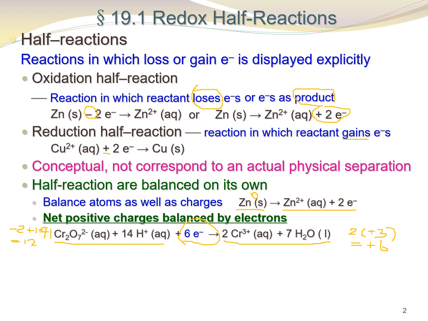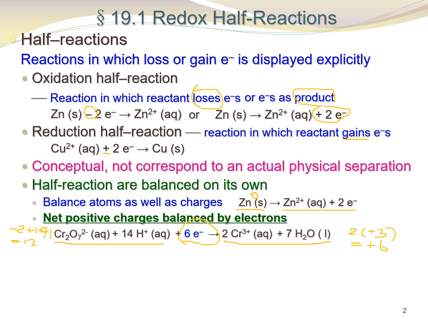This is how we add electrons in a half reaction to make the charge balanced on both sides. And of course, it is more important to think of this in the opposite way. By balancing the charges, we know how many electrons are required and where.